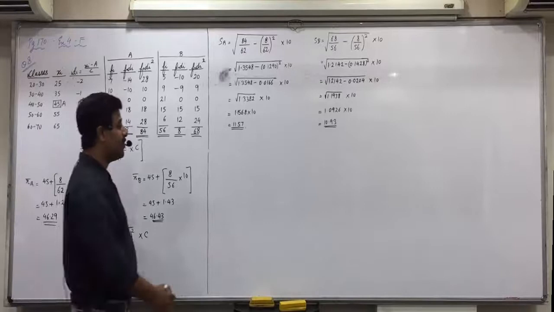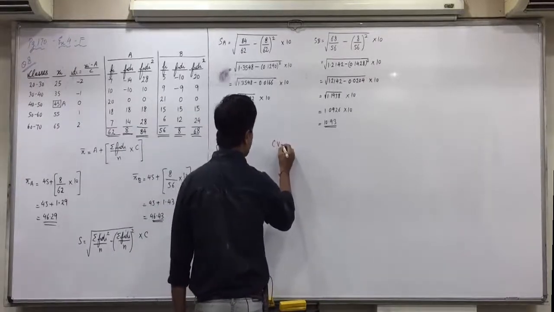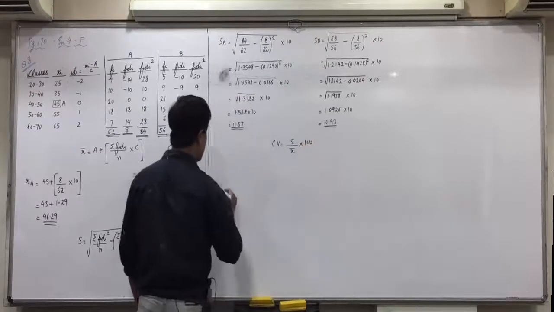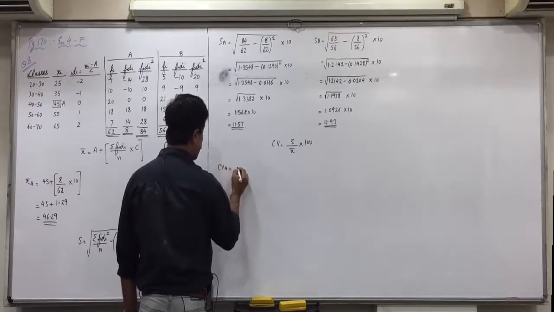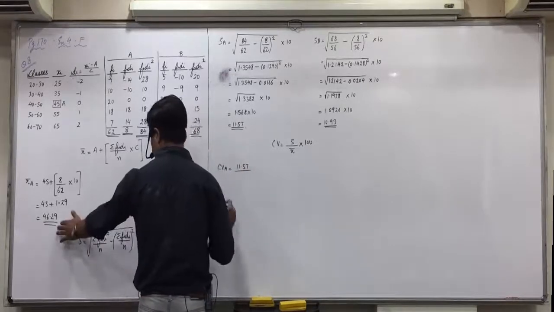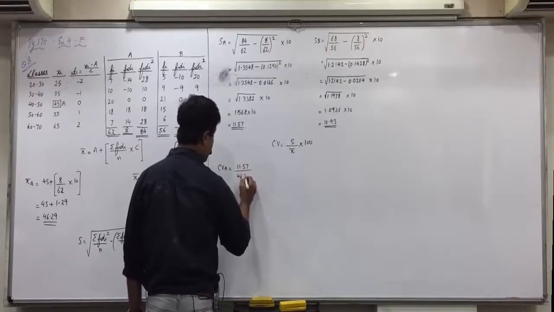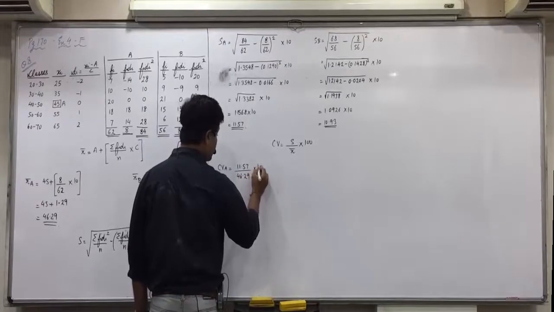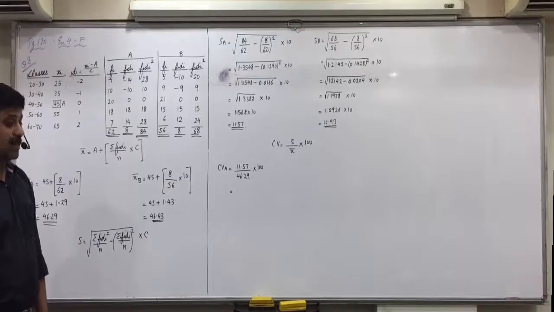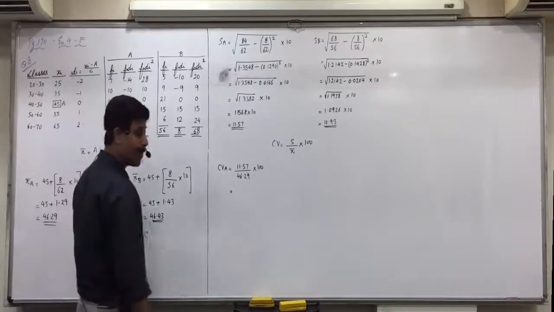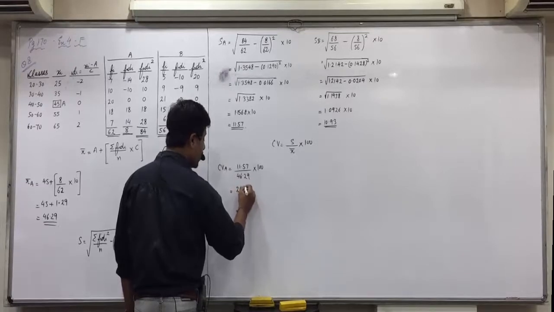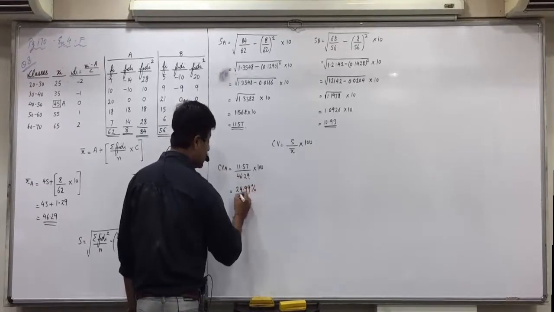Now we will find CV. Again in the center, CV equals S upon X bar into 100. Left side, CV of group A, S 11.57 upon X bar 46.29 into 100, that is 24.994.